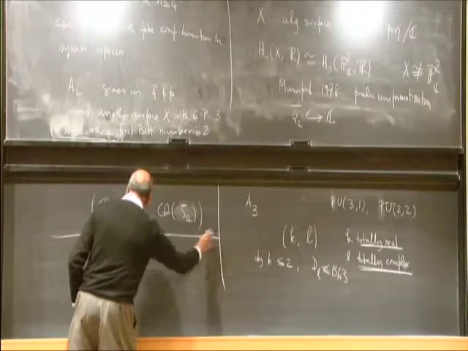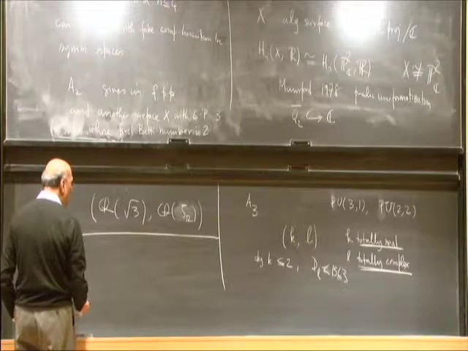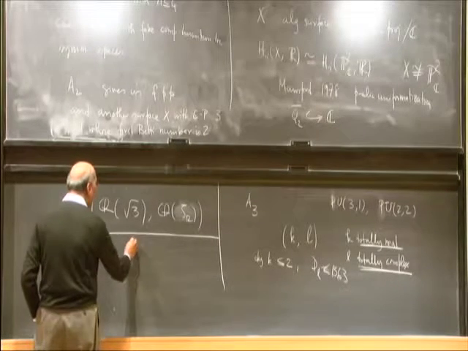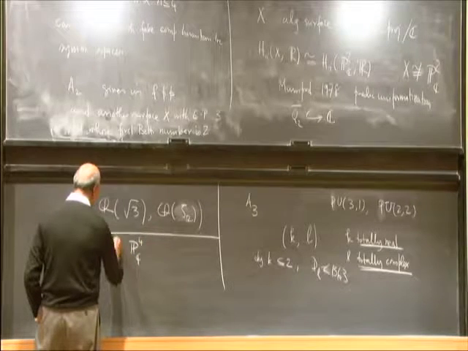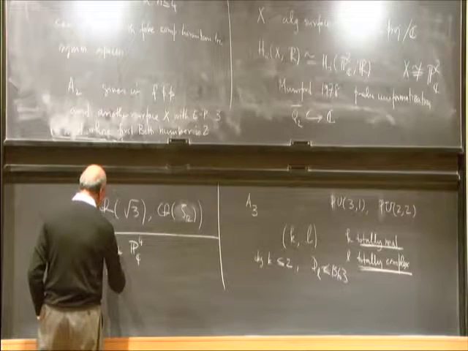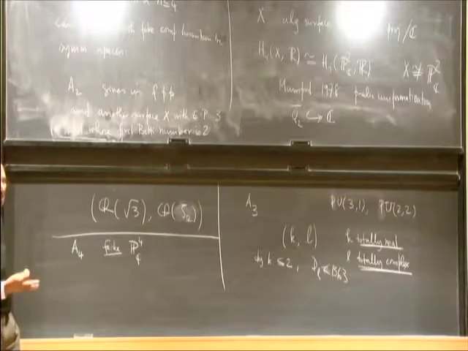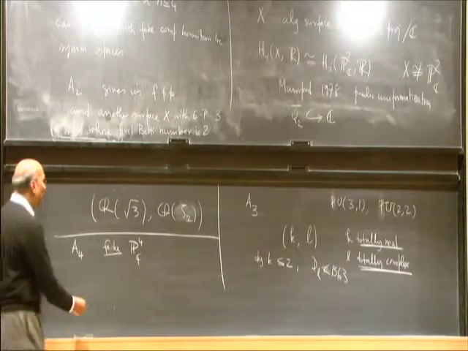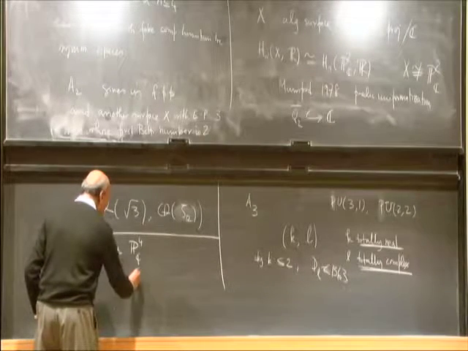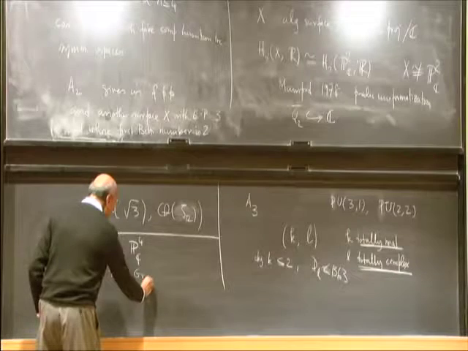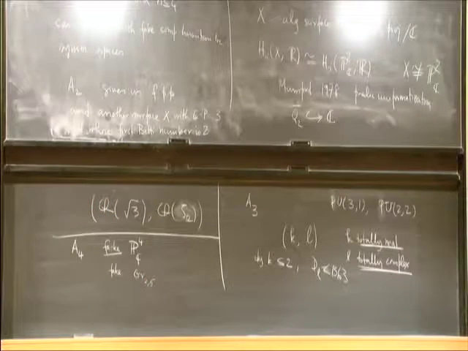And for A4, the result is that there are fake P4C. In fact, we produce 4 of them, and the list is more or less complete. And then there is a fake Grassmannian of 2 planes in 5-dimensional complex space.